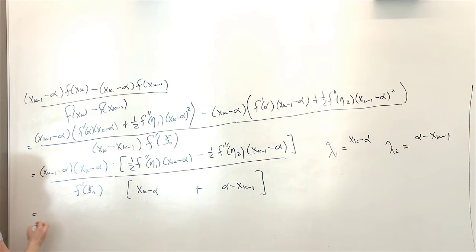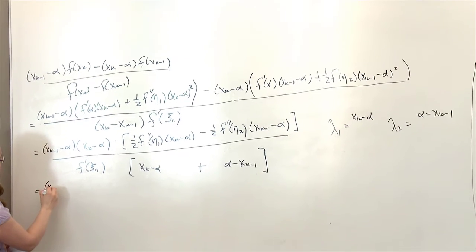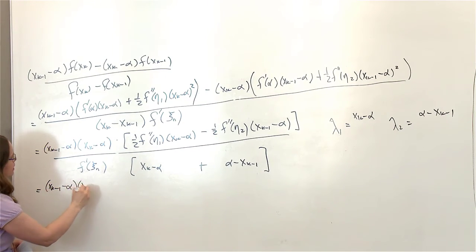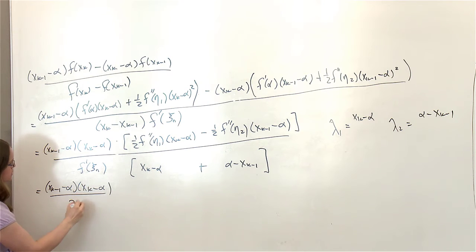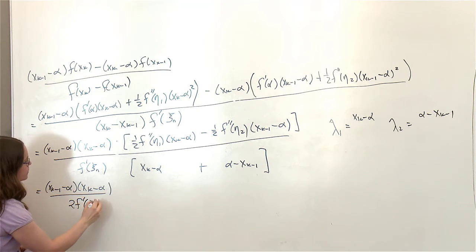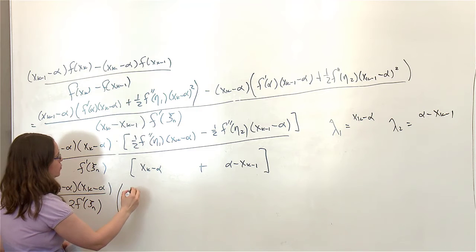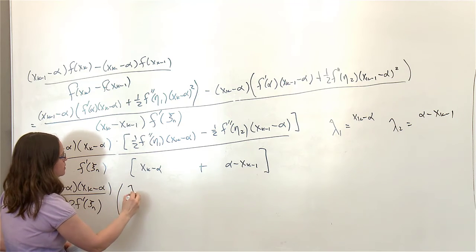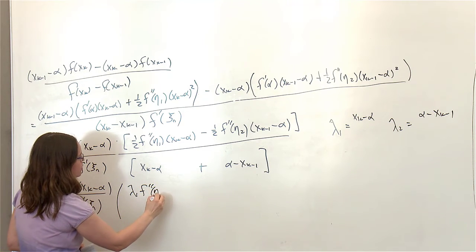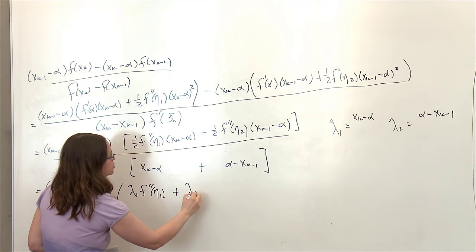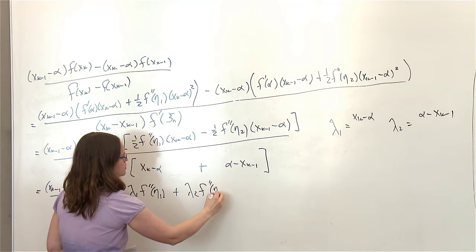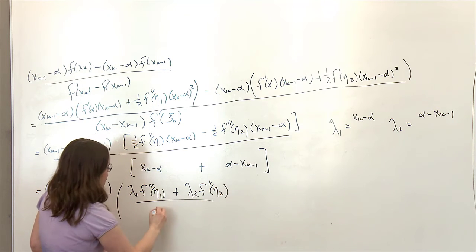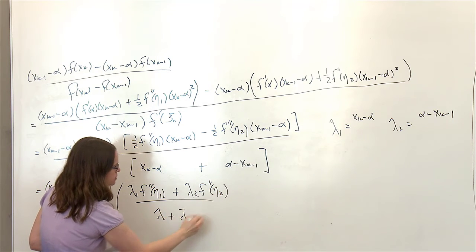So what do I really have here? I have an xk minus 1 minus alpha, xk minus alpha. I'll pull out this 2. And now I have lambda 1 times f double prime at eta 1, plus lambda 2 times f double prime at eta 2, lambda 2 is the negative of this, over lambda 1 plus lambda 2.